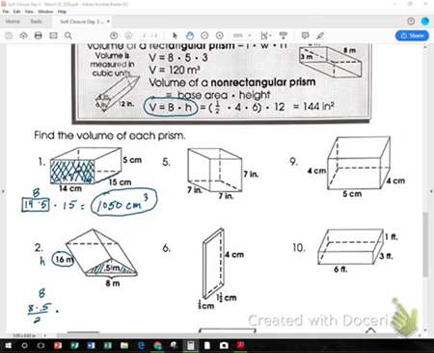Then we multiply that by the height of the prism, which is 16. 8 times 0.5 is 4, divided by 2 is 2. 2 times 16 is 32. So 32 meters cubed.